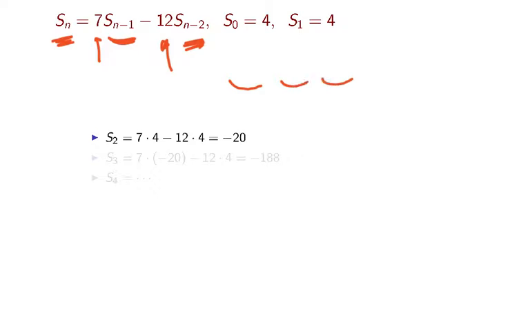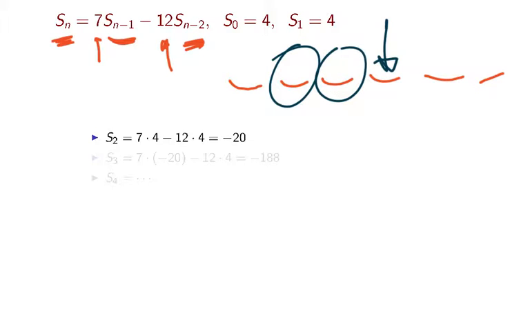So if we have all the terms of the sequence, each one is defined in terms of the one before and the one before that, so the n minus 1 and the n minus 2. So the n depends on the n minus 1 and depends on the n minus 2 too. In those cases, we need to have the 2 first terms, otherwise we cannot find the third.